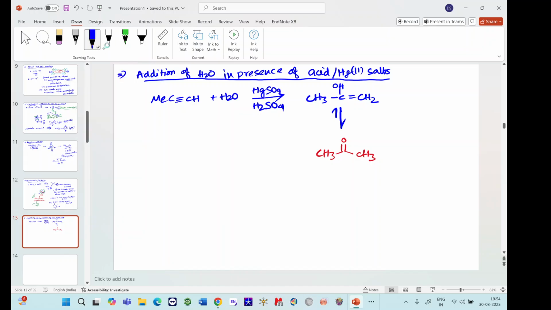Now to talk of other reactions, catalytic hydrogenation. This is also similar to the alkene reaction. So you have the alkyne, and if you introduce hydrogen over palladium on charcoal, you will have a syn addition.